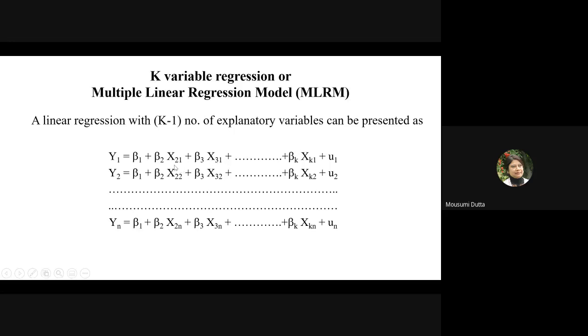That is, we will not only have x21, but also x31 to xk1, x32 to xk2. First, we started with, say, a demand equation where y indicates quantity demanded and x indicates price of the commodity. Now we are increasing the features of the model.